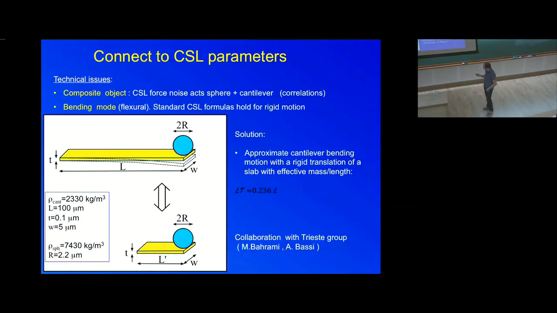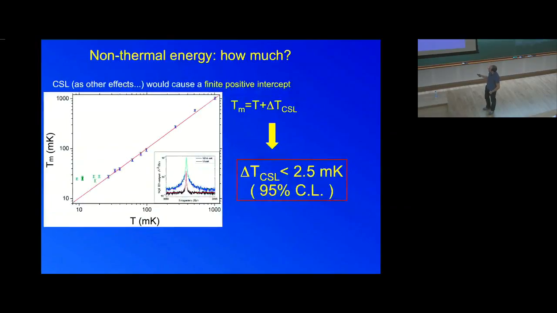So in the measurement, as we have seen, the output of the experiment is essentially this one. What we get is the maximum increase of temperature due to any external unknown force noise, which is not thermal, is less than 2.5 millikelvin for this system.